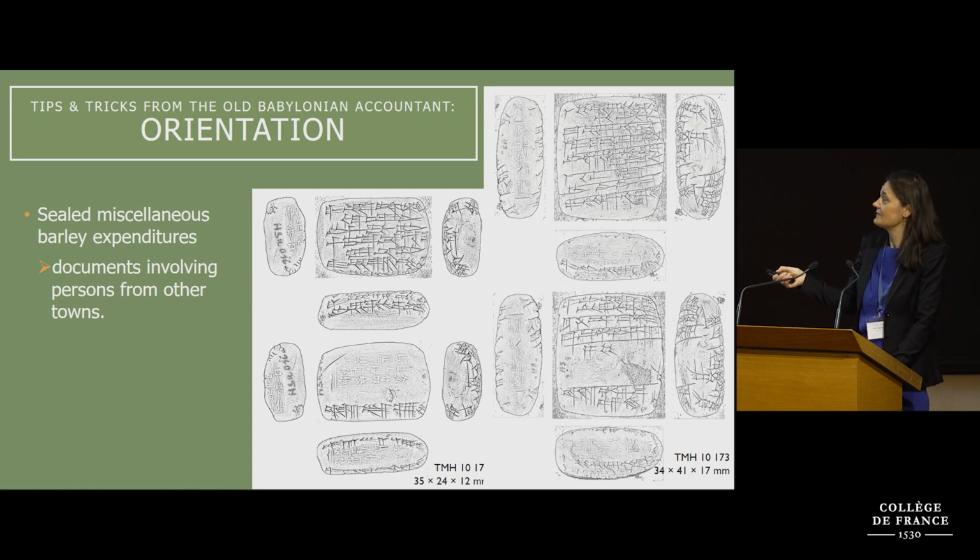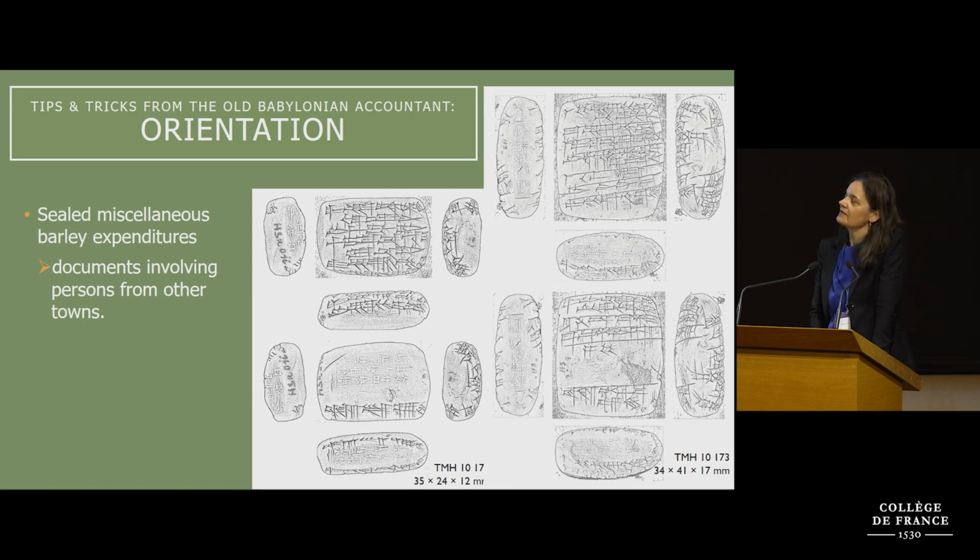It has the same type of expenditures, and it is broader than the other miscellaneous barley expenditures. So it has taken the width of the other sealed documents, but the scribe prepared it a little bit longer because he wanted to write a lot on it.